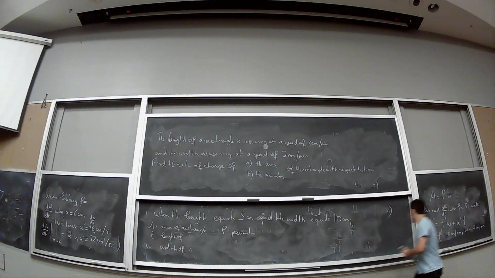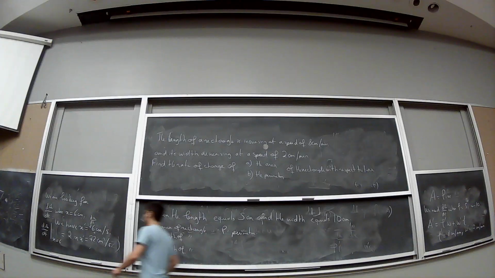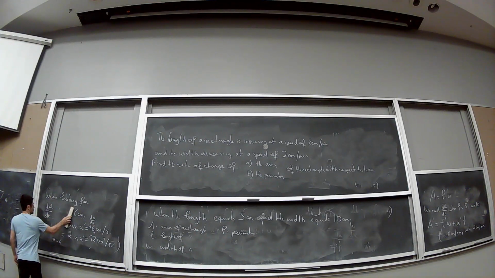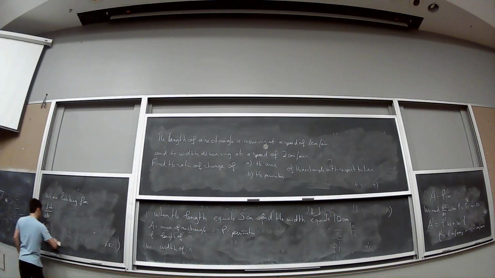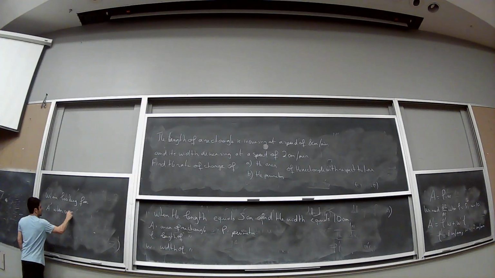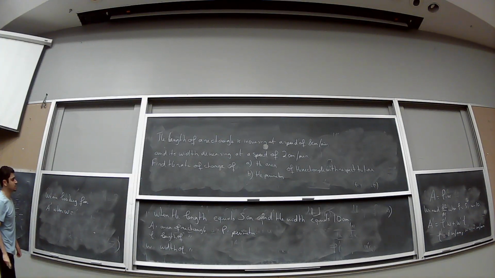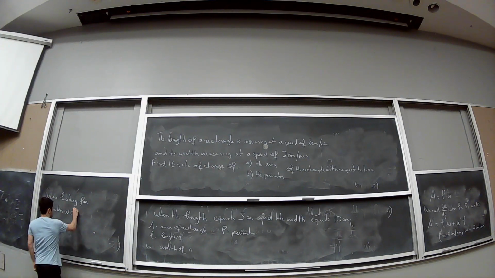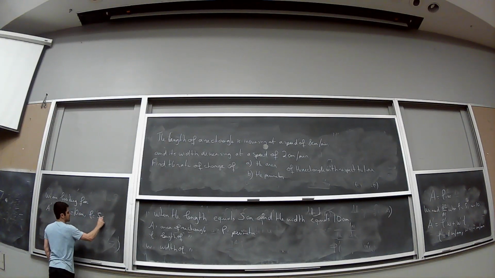Now I'm looking for A prime. We're looking for A prime when W is equal to what? W is equal to 10 and L is equal to 5.